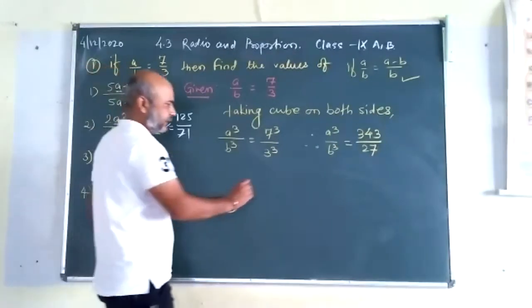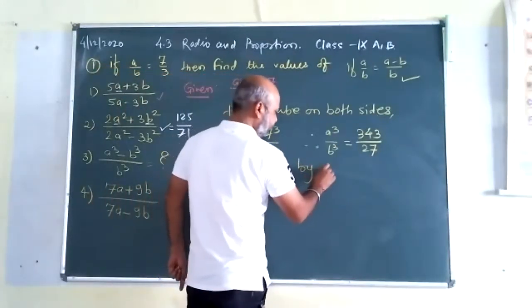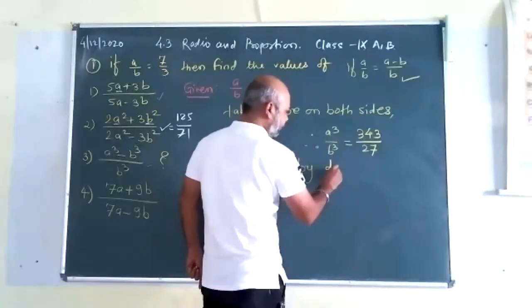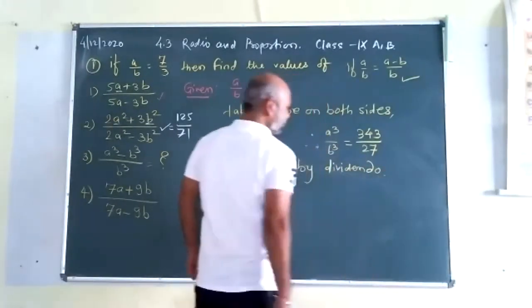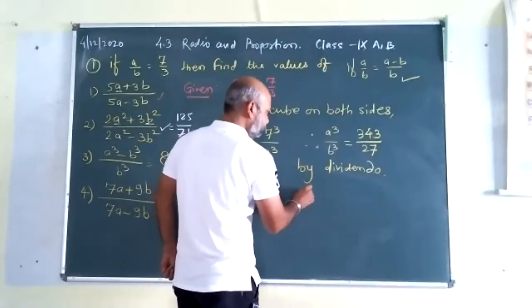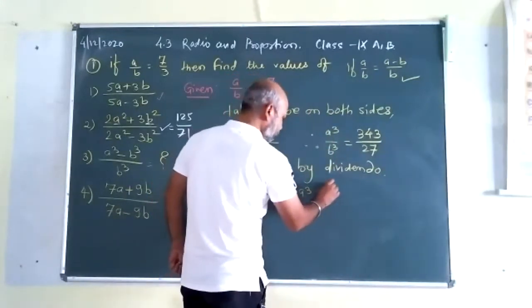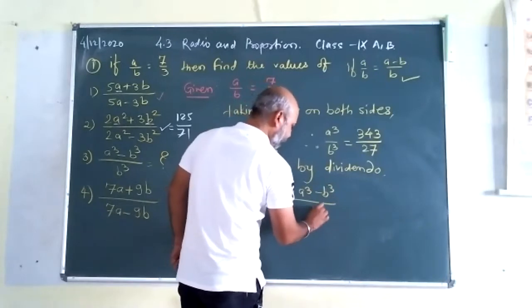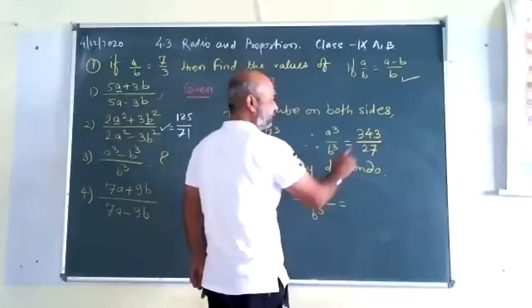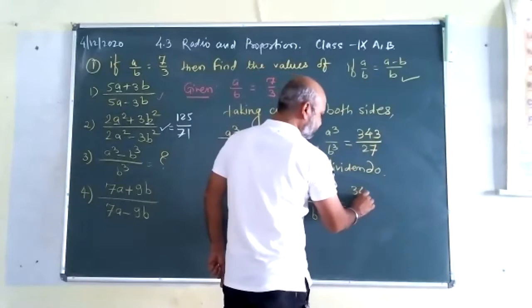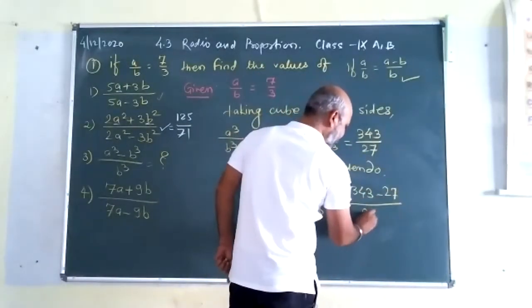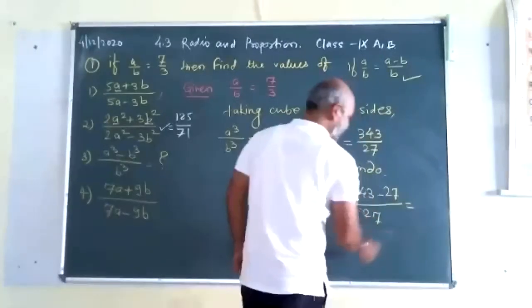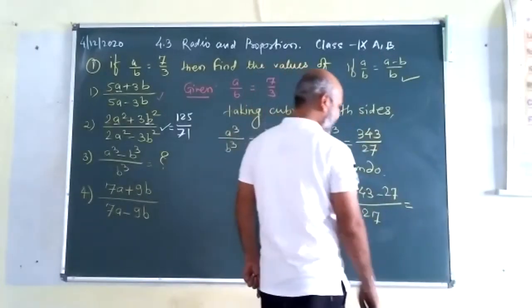So you will write here: by the property of dividendo, you will get a cube minus b cube divided by b cube. Similarly, on the right hand side, 343 minus 27 divided by 27, and this is equal to, just subtract.